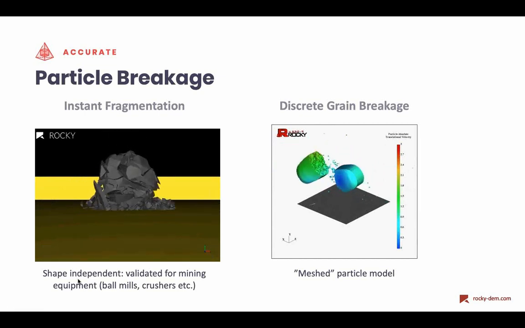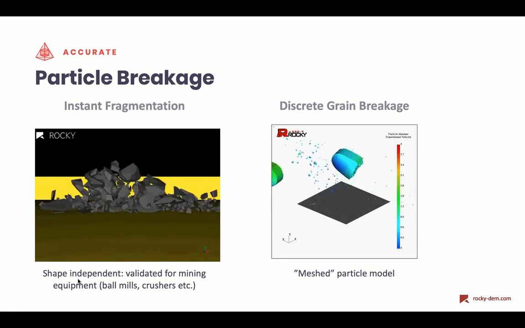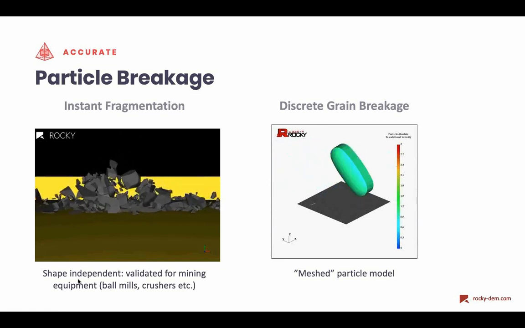You're more concerned about the energy you need to break a given particle size distribution into another particle size distribution. Here on the left side, we have more accurate breakage models, which are more suitable for few particles or just one particle, which is similar to what you can see in standard FEA explicit codes.